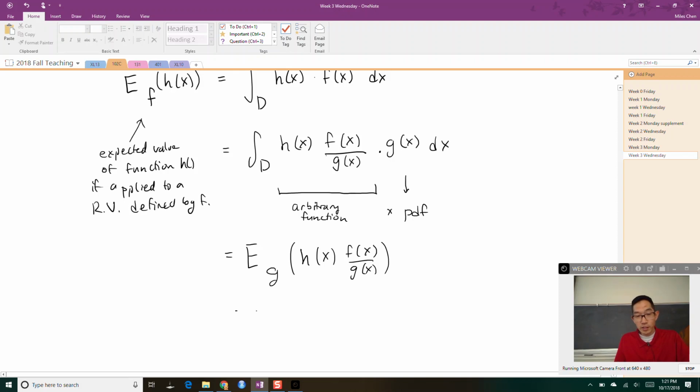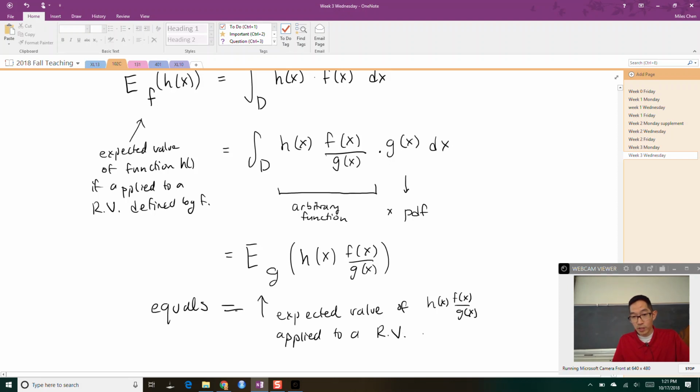And this equals the expected value of h of x, f of x over g of x applied to a random variable defined by the function g.